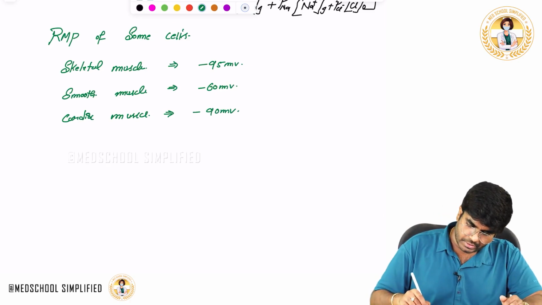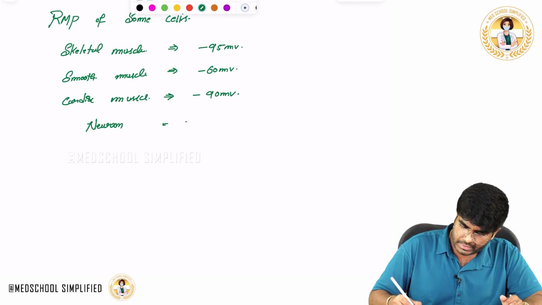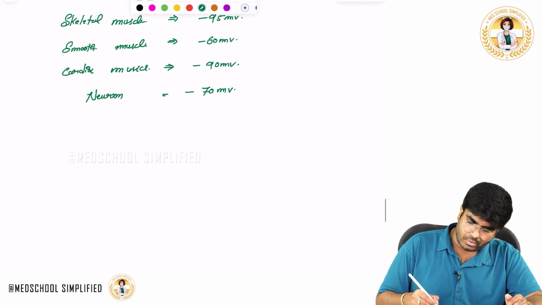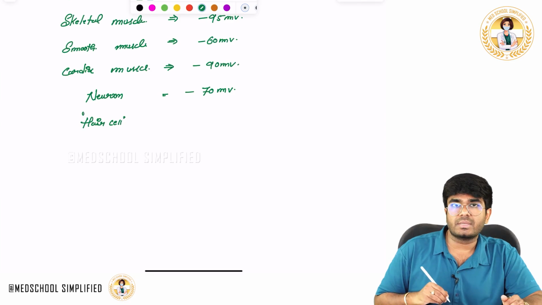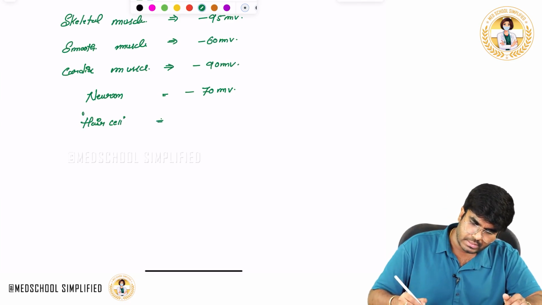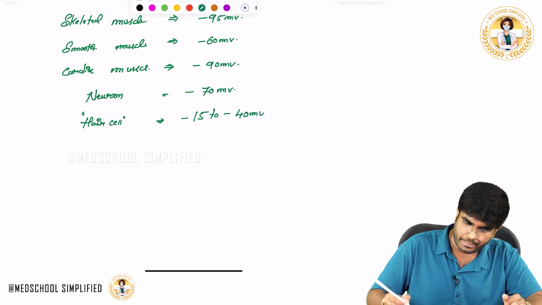Next, neuron: -70 millivolts. Hair cells of the cochlea, which are the receptors for sound: -15 to -40 millivolts.